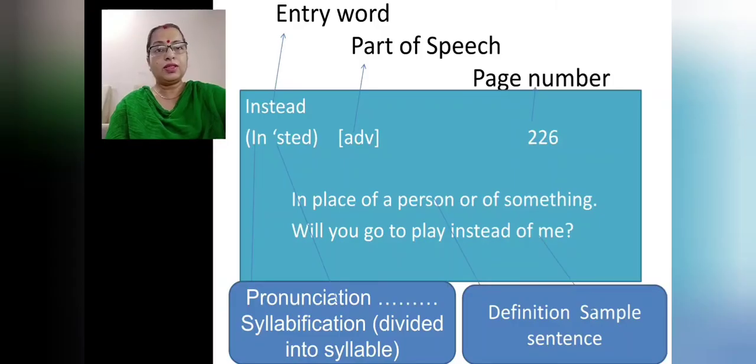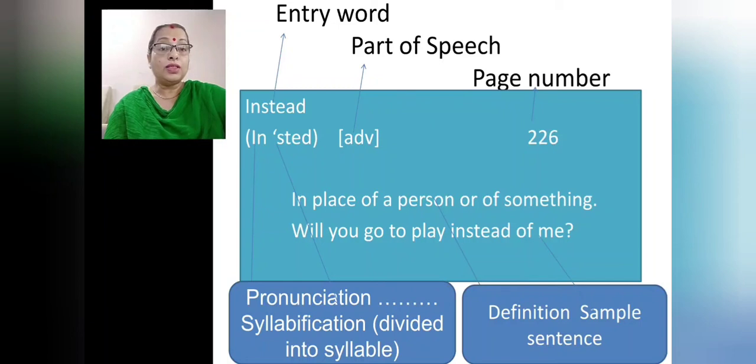So children, let us understand all the important things you have to remember in a dictionary. The first is the entry word or the head word. What is the entry word here? Instead. Next you have pronunciation. What is given here inside the brackets?